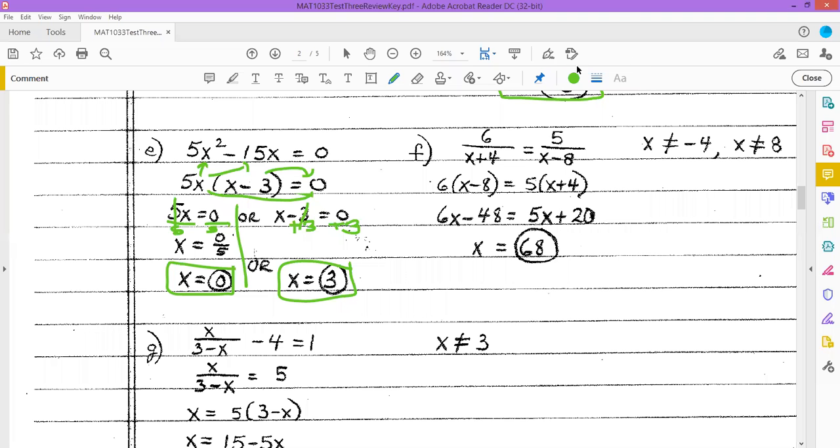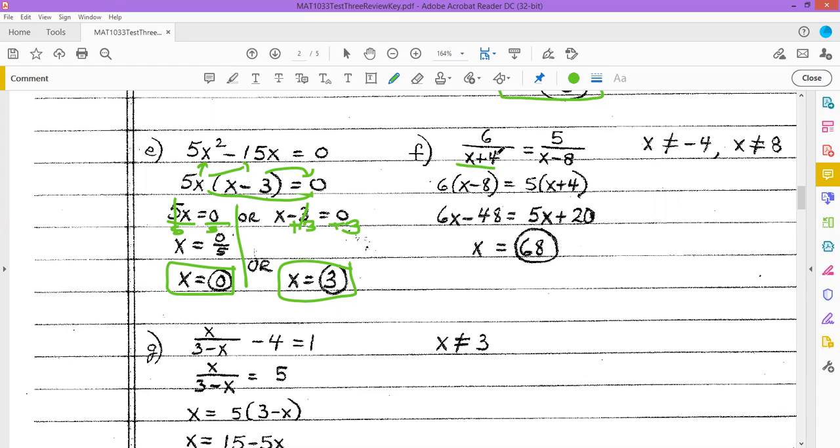All right, for letter F, we have these rational equations. Remember, these equations can only be true if the denominator is not equal to 0. You can't have 0 in your denominator. So you want to figure out what your possible domain values could be. What could the x values be?